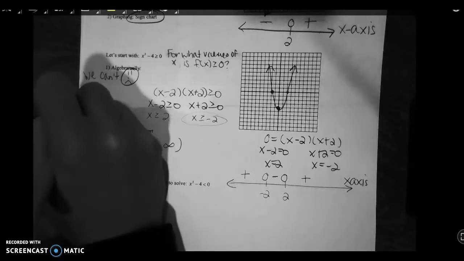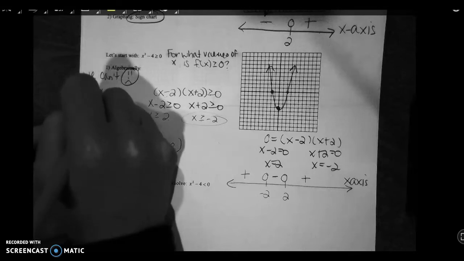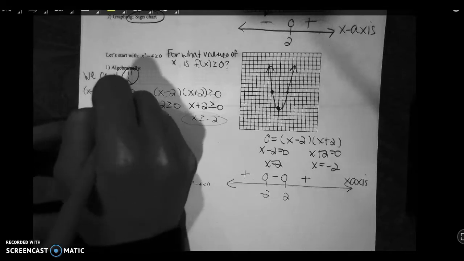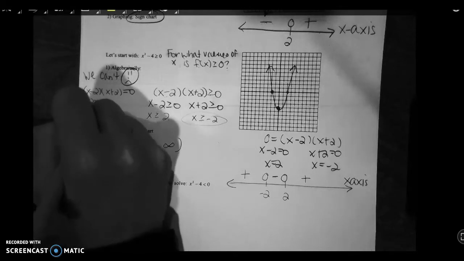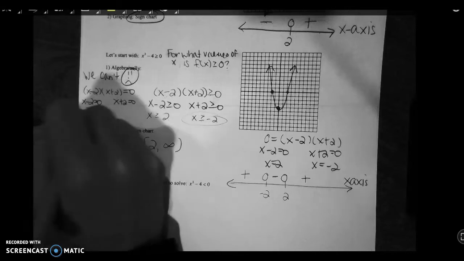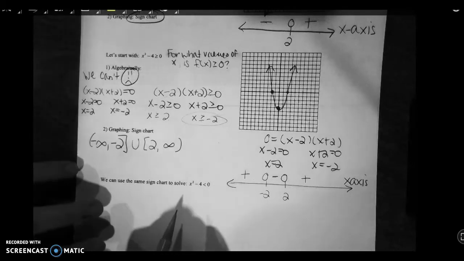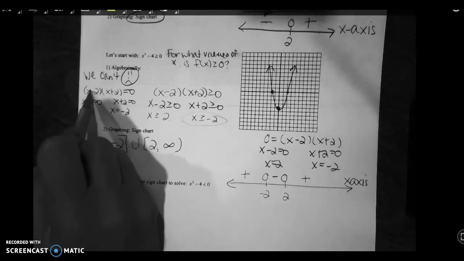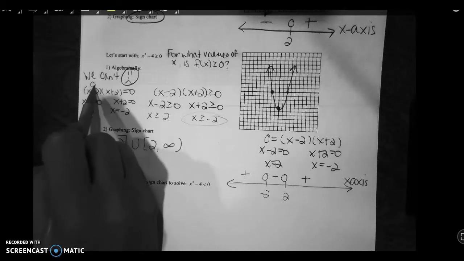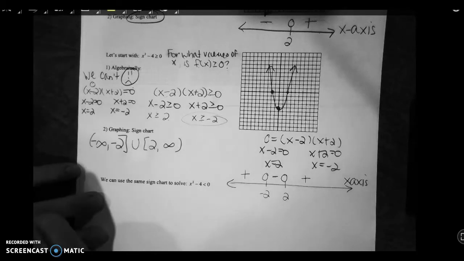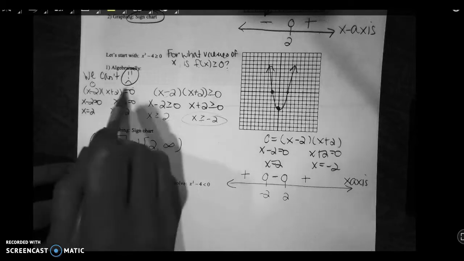Remember, if this just said set it equal to 0, the whole reason that we set each factor equal to 0 is from the zero product property, which is what you learned in 3rd grade. And what you learned in 3rd grade says, if x minus 2 is 0, anything times 0 is 0. That's the whole reason this works.